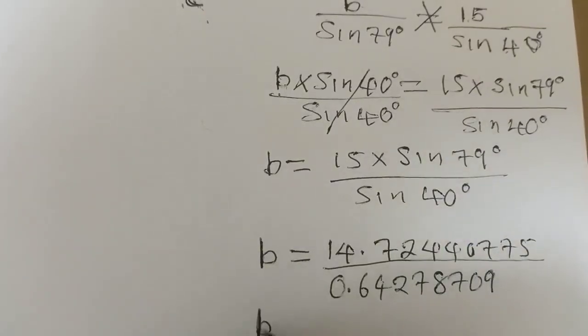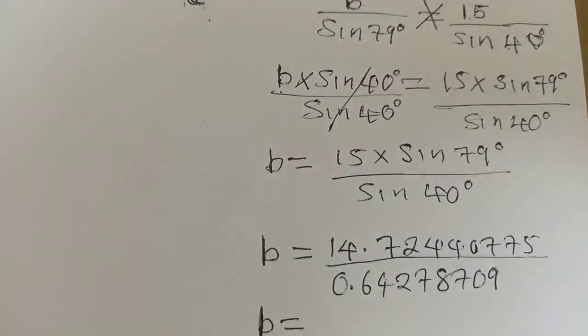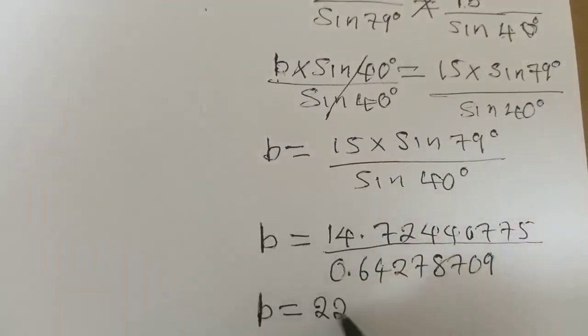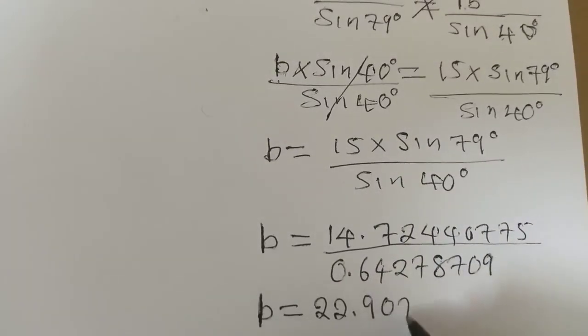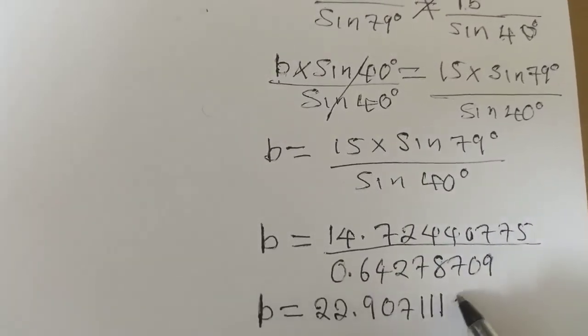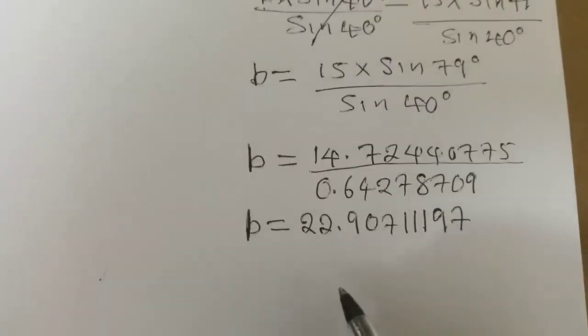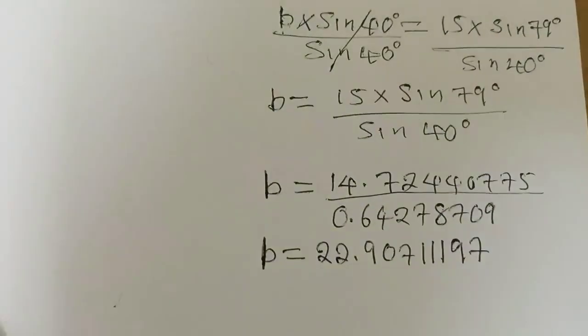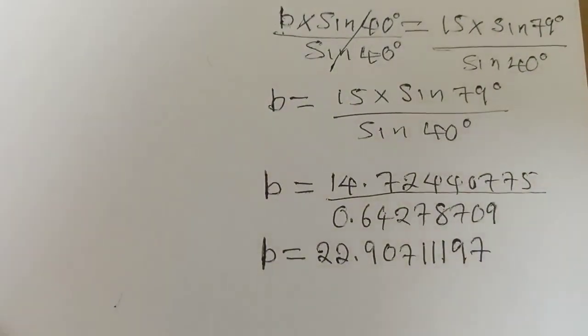So b is equal to, when you divide 14.72440775 by the answer that you found here, the answer is going to be 22.9071197, like that.